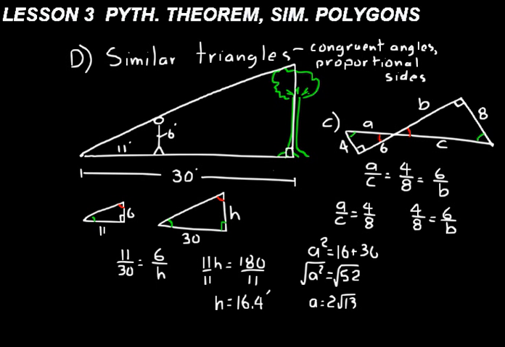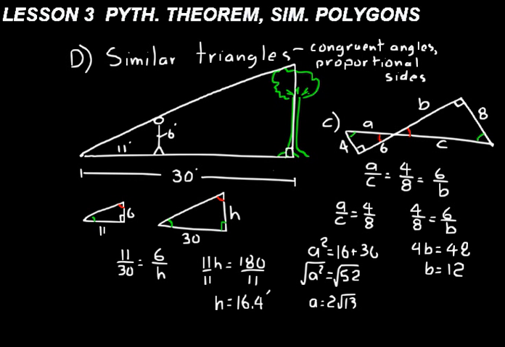We can substitute that back into the proportion up there to solve for C. Let's go ahead and solve for B right now. We have that proportion over there on the right. 4B equals 48. Divide both sides by 4. You can probably just do that in your head. B equals 12.